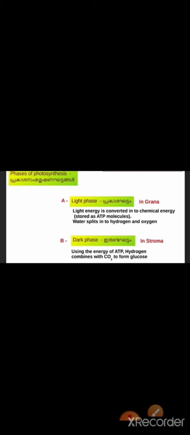What is ATP? ATP means adenosine triphosphate. In all living organisms, chemical energy is stored in ATP. You know that many metabolic activities are taking place in our body. Metabolic activity means digestion, circulation, breathing.